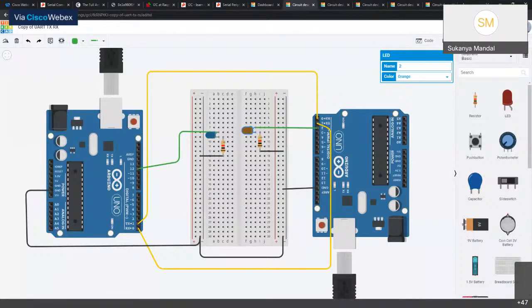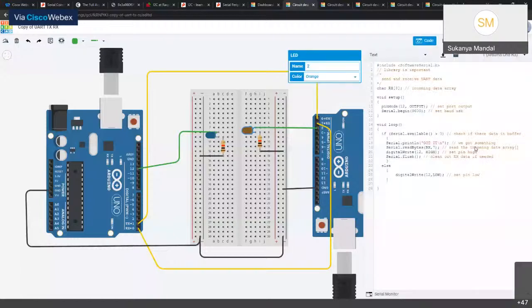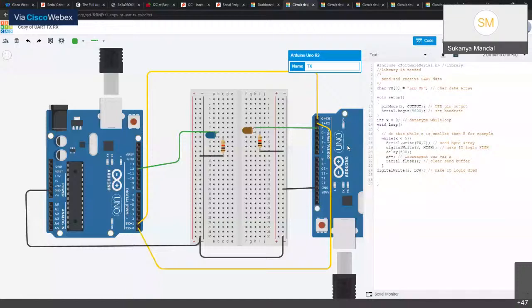Now, looking at the code, let's look at the transmitter code. You're using the serial library. It's simple Arduino code; even the Arduino IDE pretty much looks like this.